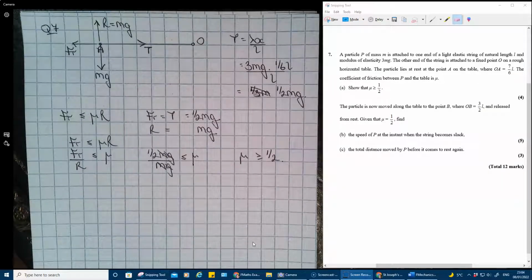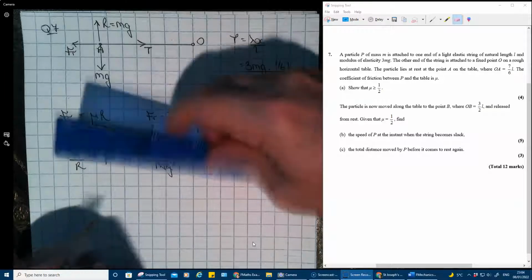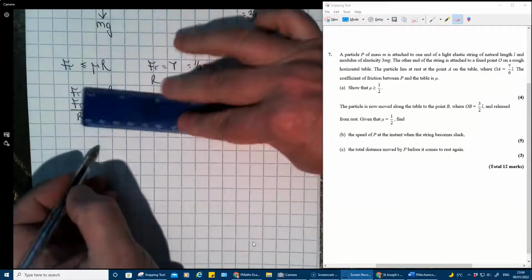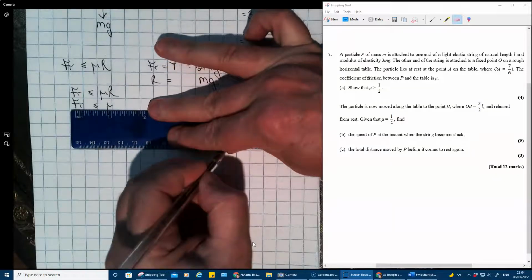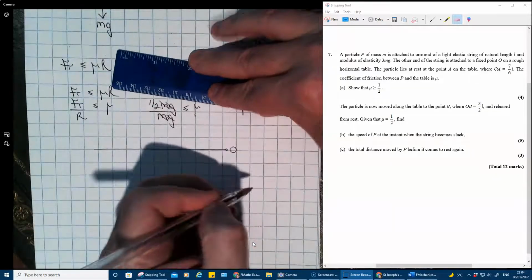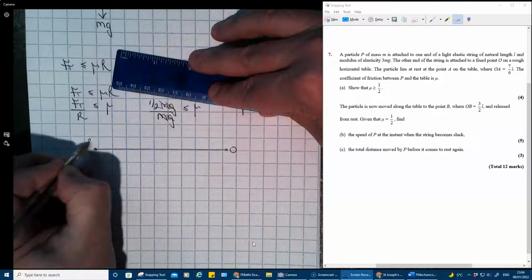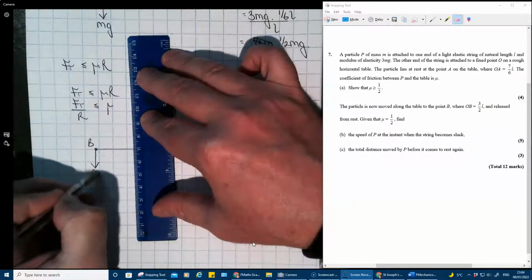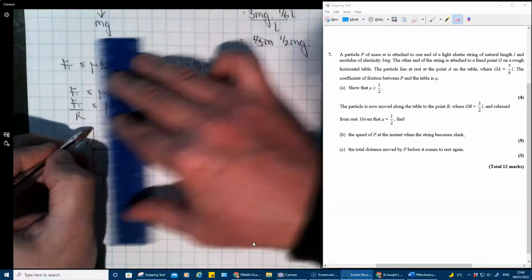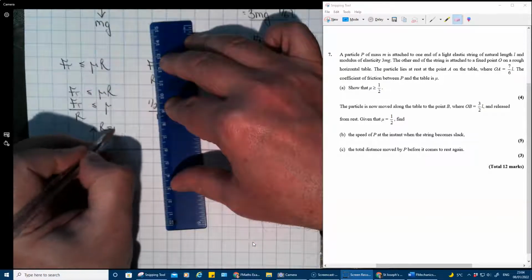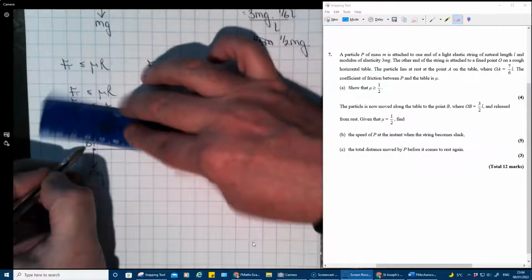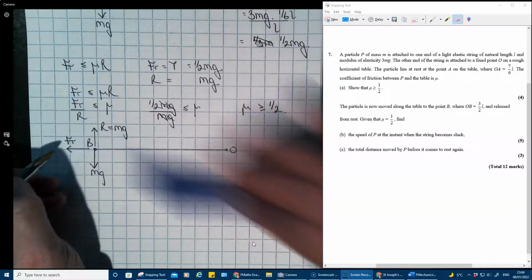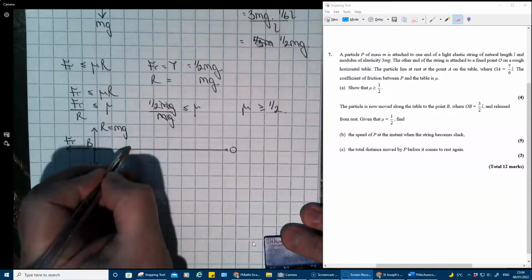We're now told it's released and moves along the table, so this is a separate diagram, don't rely on the same one. It's fixed at point O, this is at point B, and the diagram is very similar: mg, and R equals mg, same as before. We've got friction going this way and tension going this way.